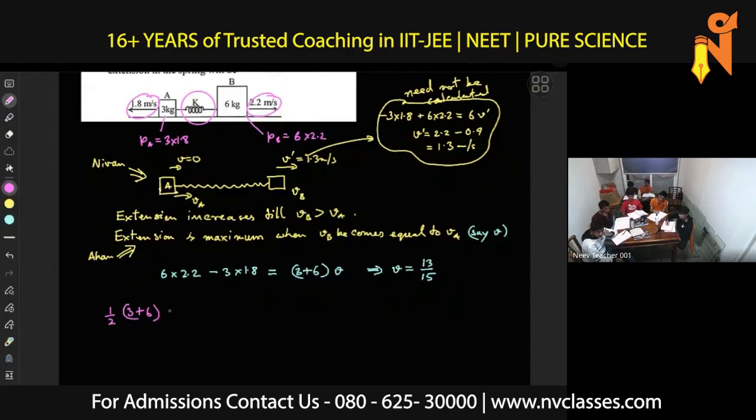Half into 3 plus 6 into v square, which is 13 by 15 whole square, plus half into 3 into 1.8 square, plus half into 6 into 2.2 square, equals half into 512 into d square.